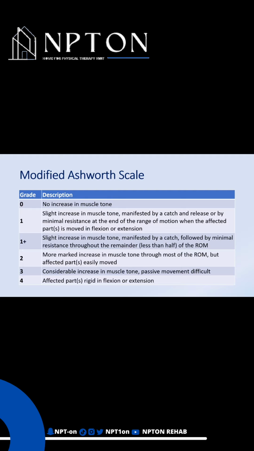And there are some grades in between. 1 indicates slight increase in muscle tone manifested by catch and release, +1 slight increase in muscle tone manifested by catch followed by minimal resistance throughout the passive range of motion. 2 is marked increase in muscle tone throughout the range of motion, but the affected limb can be moved easily. 3 is considerable increase in muscle tone and passive movement is difficult.